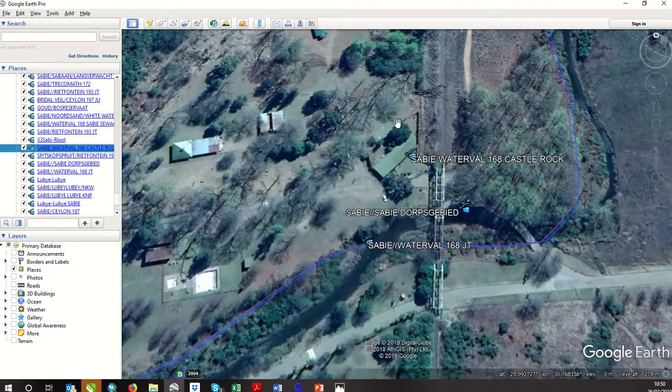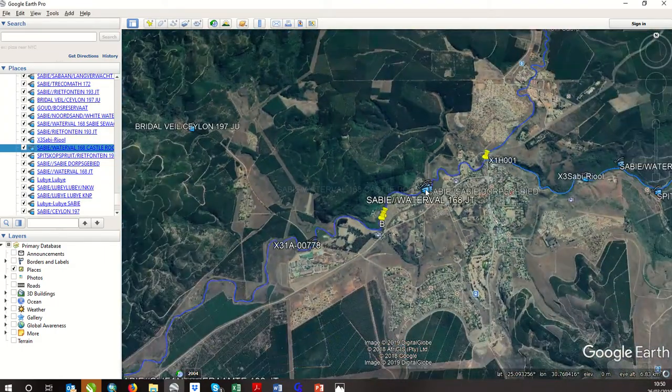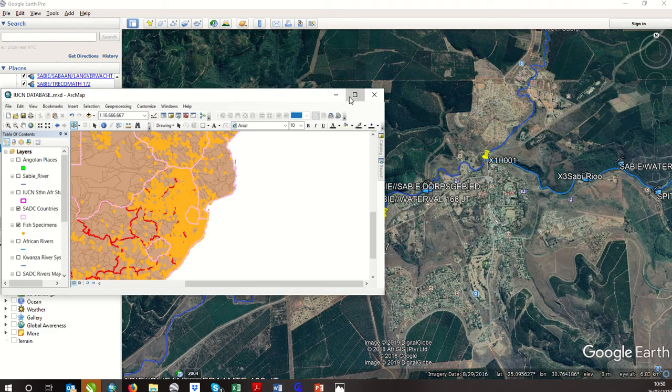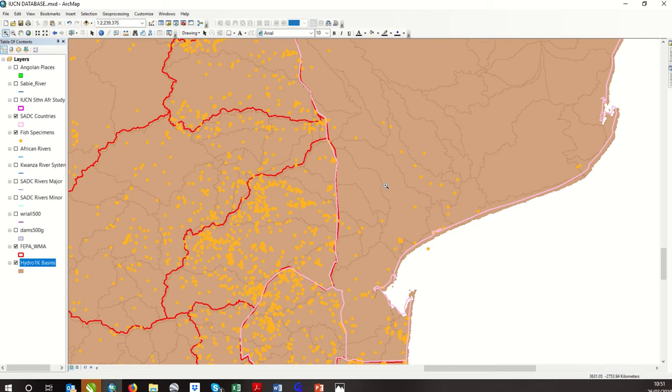Okay, done. The next thing I'm going to do is look at my IUCN database. Now this is just if you really have no idea of what's occurring in your study area. So in Mpateni, this is what we did for you: we looked at the IUCN database, and you can see here it's a database of all of the fish species that have occurred in South Africa.